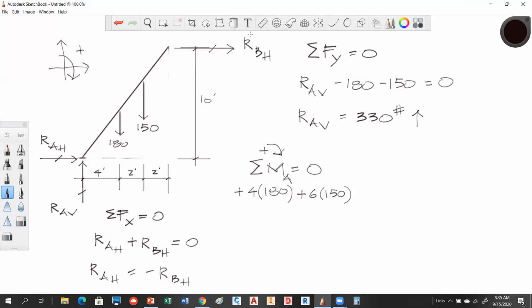So then we have this guy. Who can tell me what the distance is for this? And its rotation. What is the distance to RBH if we're sitting here?